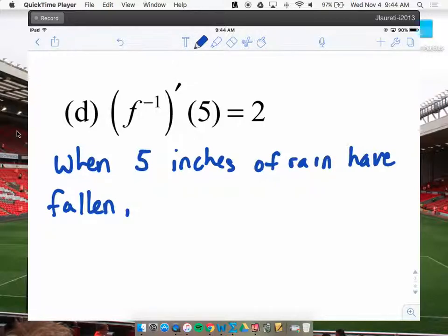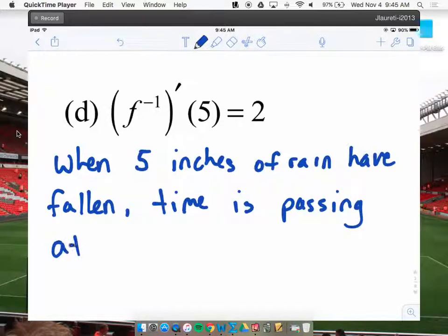As this is positive, what is time doing? Good, right. Time's passing. At 2 hours per inch of rain.